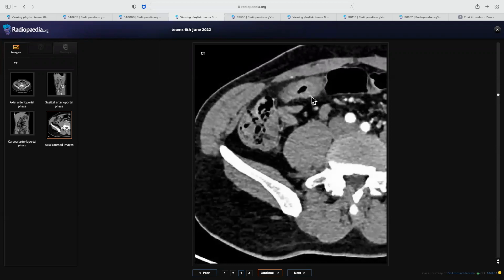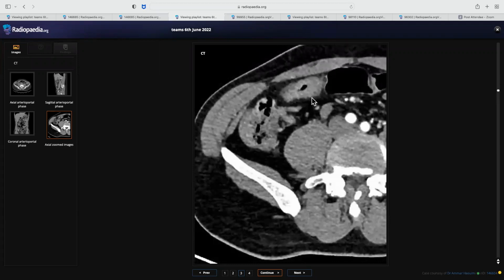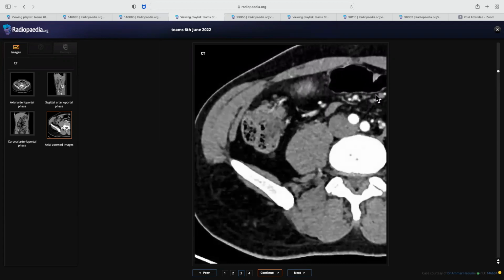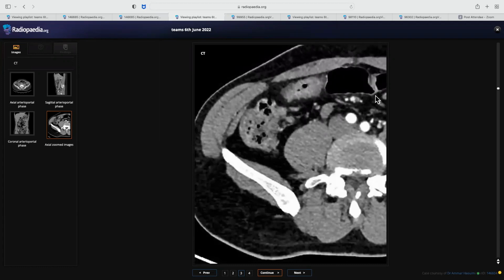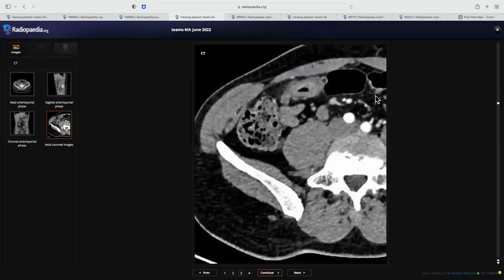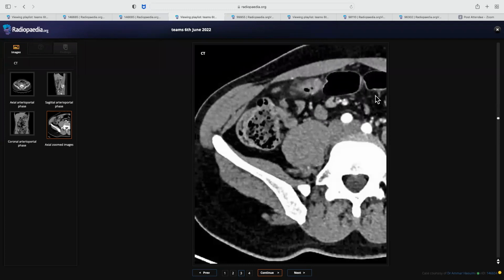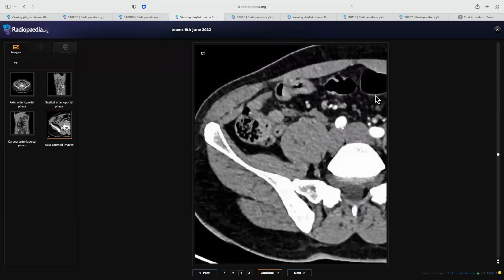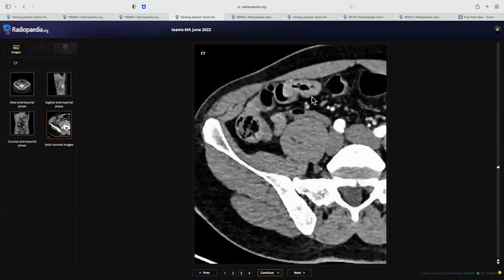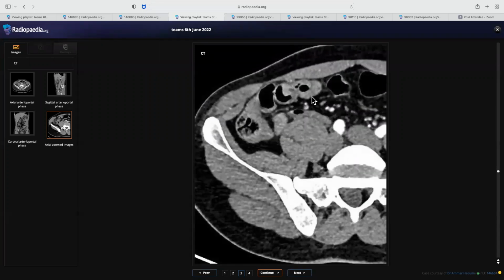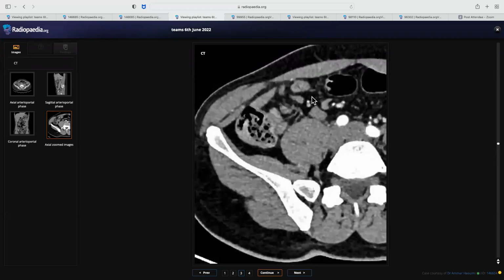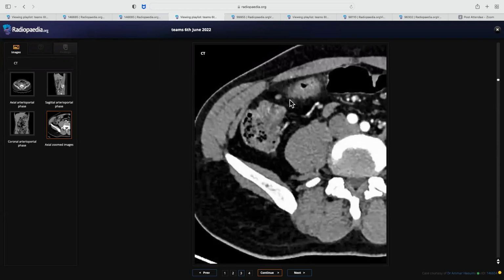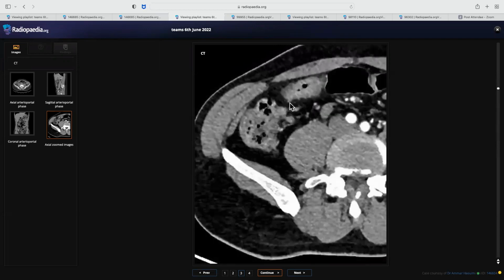So if I tell you that's air, then it can be an appendicular abscess, appendicular mass or appendicular abscess. Where is the abscess? Yeah, okay. It's communicating with the tip of the appendix.